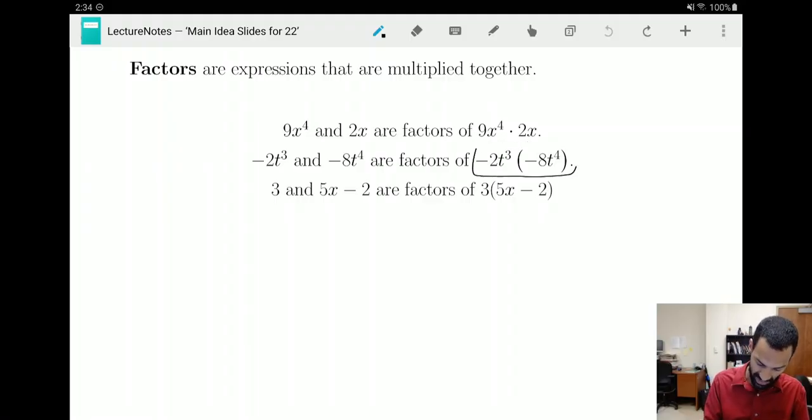Same is true for negative 2t cubed times negative 8t to the fourth. There are negative 2t cubed and negative 8t to the fourth. Those are the factors, or at least some of the factors. And expressions like this, 3 times 5x minus 2, 3 and 5x minus 2 are factors. So factors, things that are held together by multiplication.